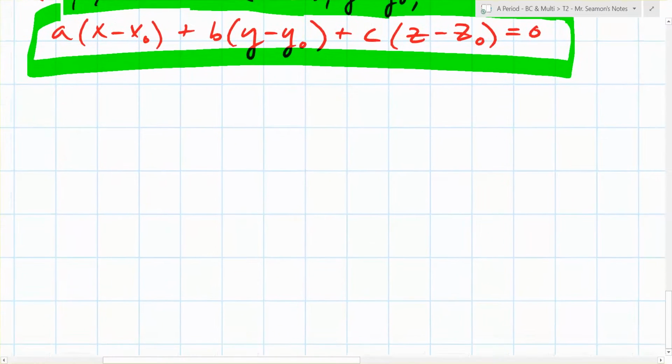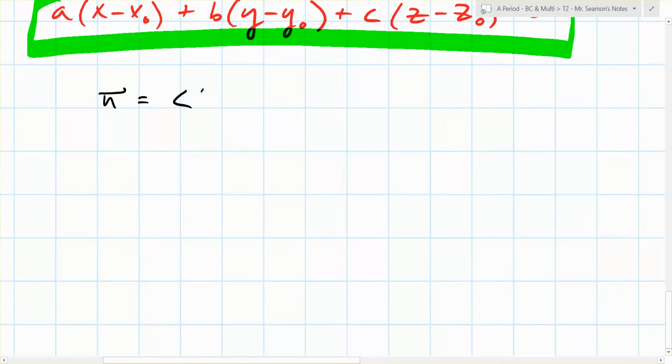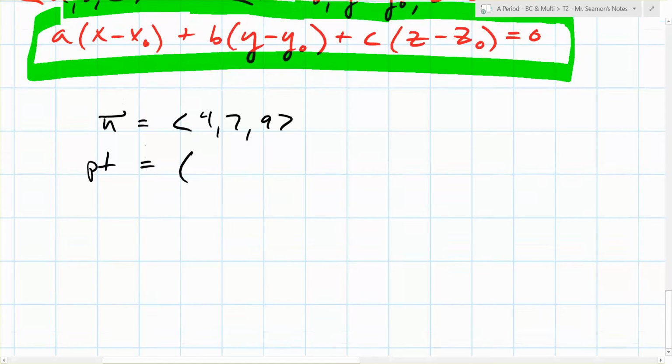This is the equivalent of point slope form for planes. Why is this super useful? It is super useful because we can do things like this. Emily, give me any three numbers that you want. 4, 7, 9. Cade, give me any three numbers. 1, 2, 4.